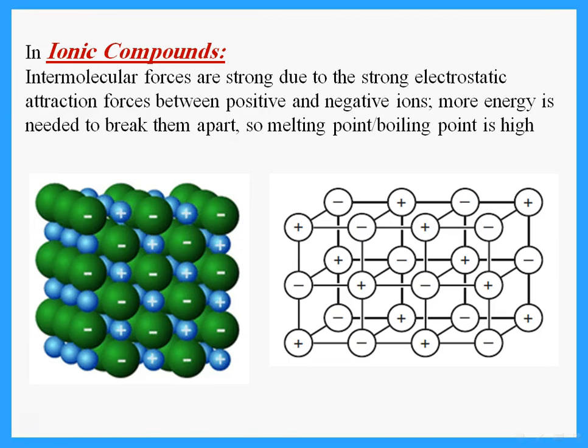That means for something like sodium chloride to melt, I need to separate all these ions from each other. The interactions are strong, so I need a lot of energy to break them apart. So the ionic compounds have a high melting point. So remember, if we're explaining why ionic compounds have a high melting point, this is because they have strong electrostatic attraction forces between the positive and negative ions in the giant three-dimensional structure. So more energy is needed to break them apart, so the melting point is high.